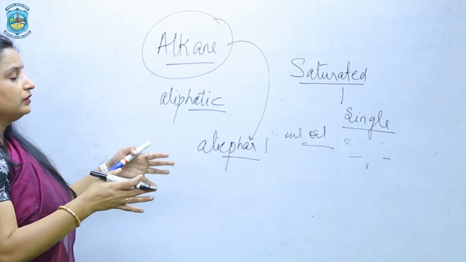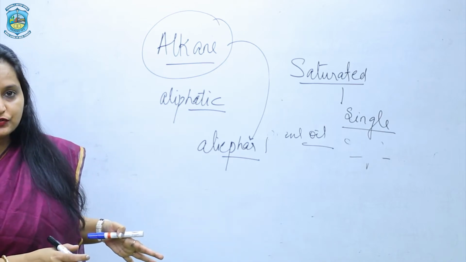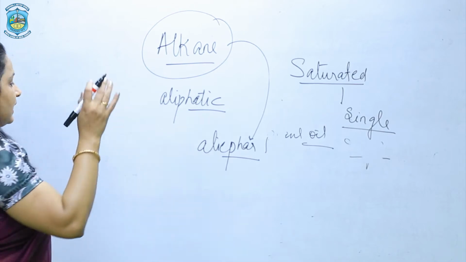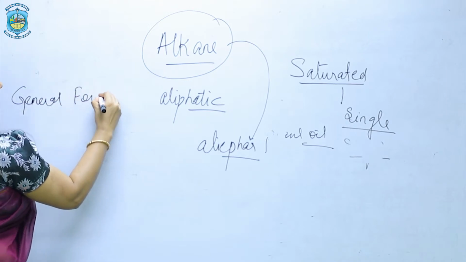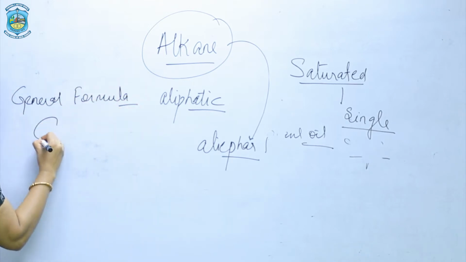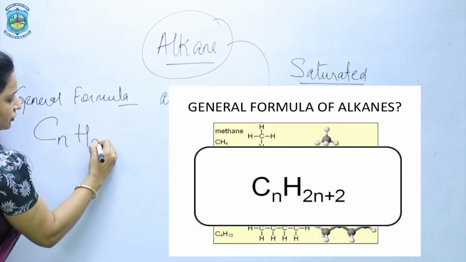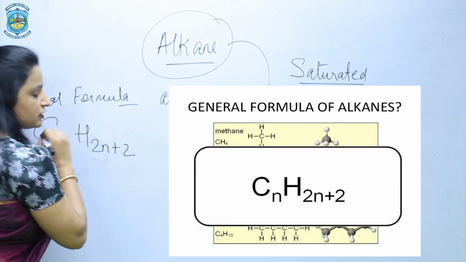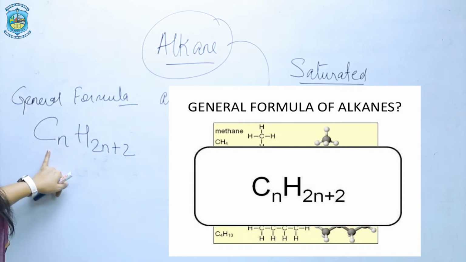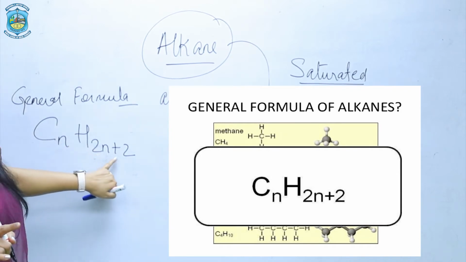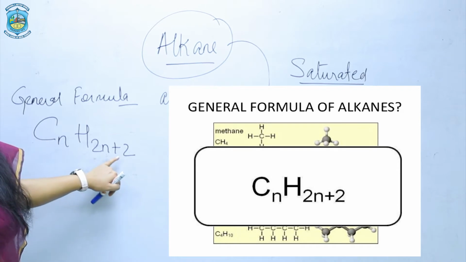Now coming on to the basic class of organic chemistry, alkanes have the general formula CnH2n+2. That means for each n number of carbons, there are 2n+2 hydrogens present.